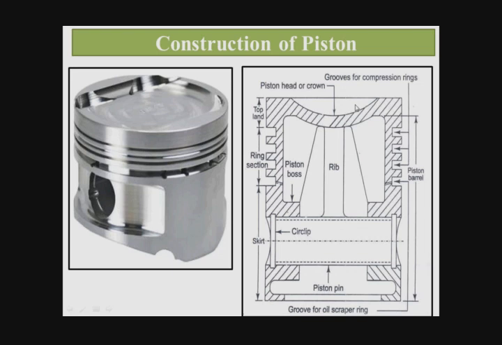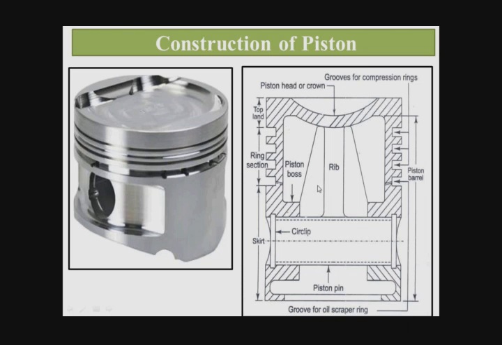This is called the piston head or crown. This may be flat, or sometimes it may be cup shape. It depends on the clearance volume required in the IC engine. If it is cup shape, it will increase the clearance volume. So if you want more clearance volume, we can go for the cup shape piston head.